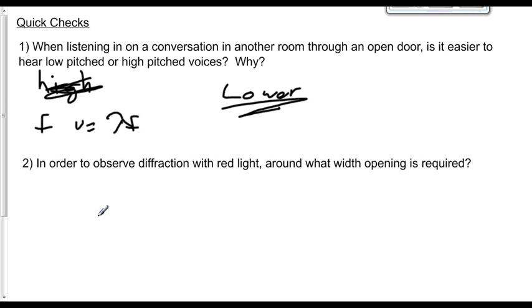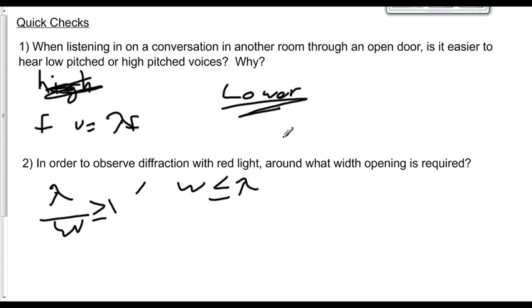If I want to observe diffraction with red light, around how wide does the opening need to be? 1 meter, 1 centimeter, a kilometer, how big? Again, we go back to the idea that in order to observe diffraction, the ratio of lambda over w needs to be on the order of 1. What that means is that if I want to observe it, the width has to be less than or equal to the wavelength.